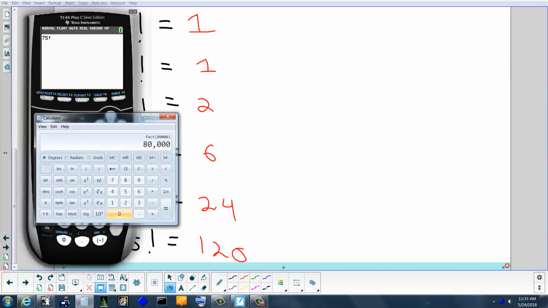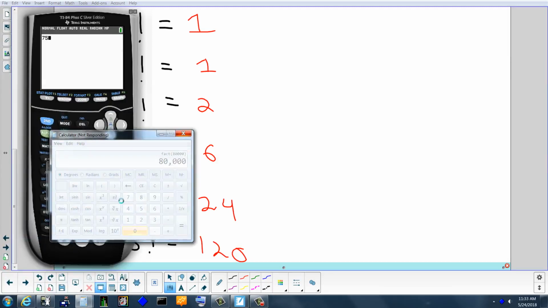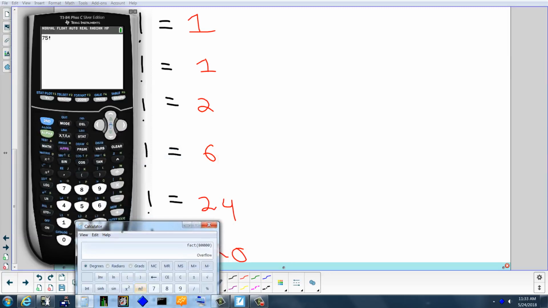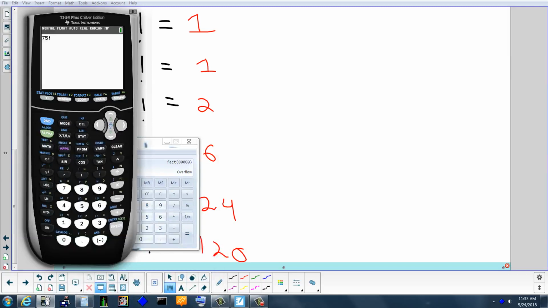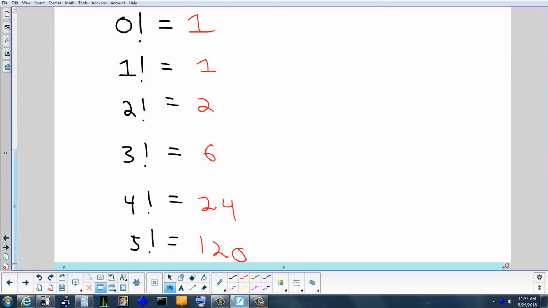It's not doing it now. It's actually frozen. So now I've crashed the calculator. I don't know if you saw it, but it said the operation may take a very long time. And then it finally just said I can't do it. So factorials get really, really big really quick, which is why when you have to do factorial calculations, you try to reduce as much as you can before you use a calculator.